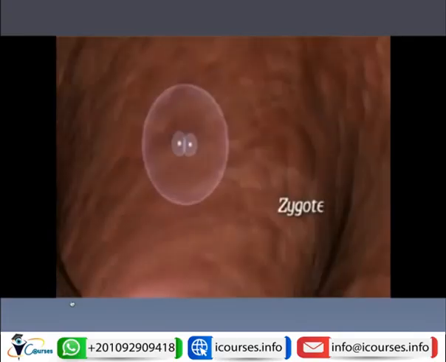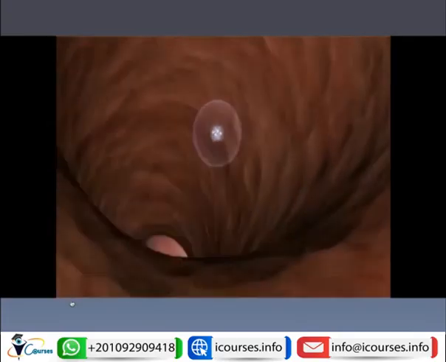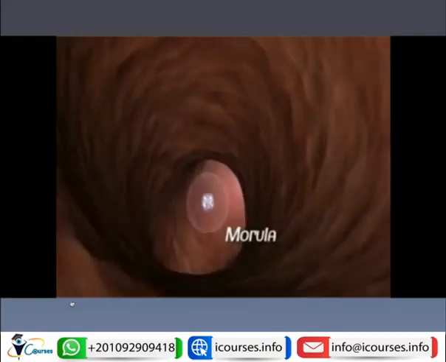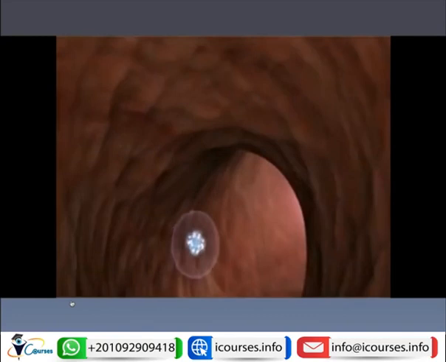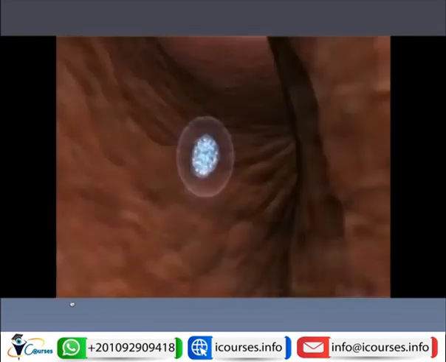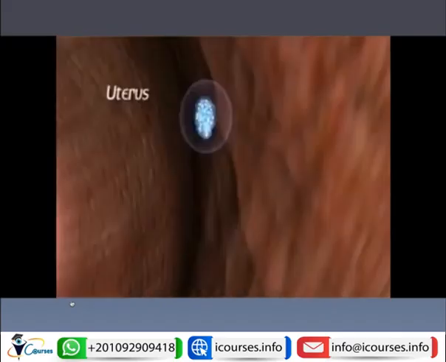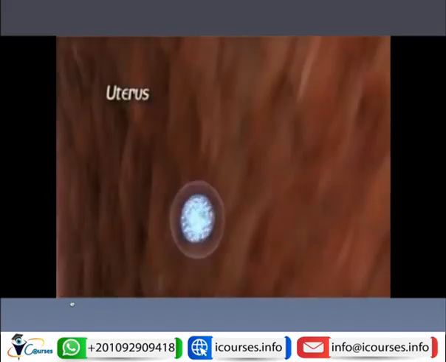Progressive cell division results in a ball of cells referred to as the morula. The morula grows and begins migration medially to the uterus, which it reaches at the end of the first week. The uterine cavity, meanwhile, prepares for the arrival of the fertilized ovum.